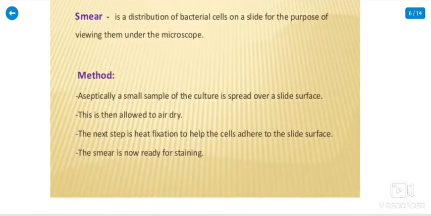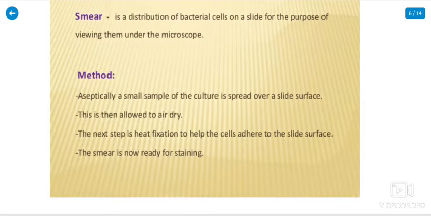The method: aseptically, a small sample of the culture is spread over the slide surface. Number two, this is then allowed to air dry.